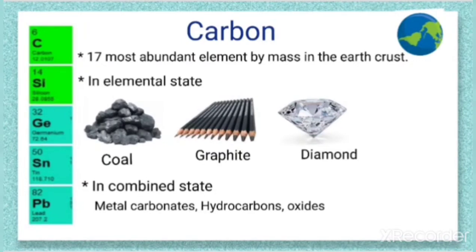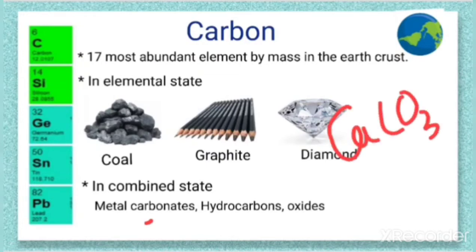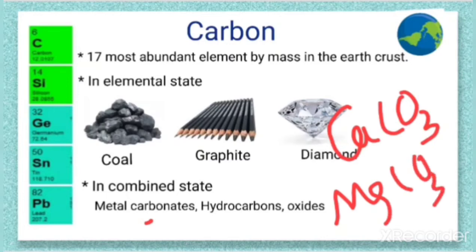In nature, carbon also exists in the form of metal carbonates. Common examples are calcium carbonate, commonly called limestone, which is present in marbles, magnesium carbonate, sodium carbonate, etc. So in nature, carbon exists in the form of carbonates.